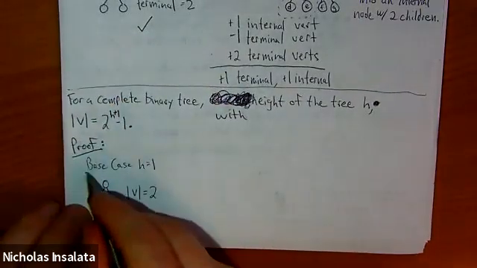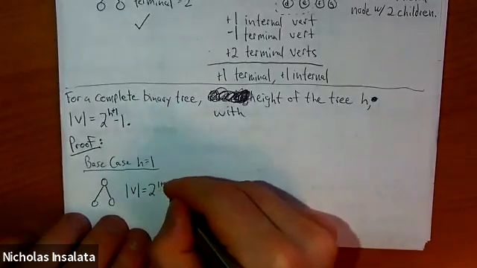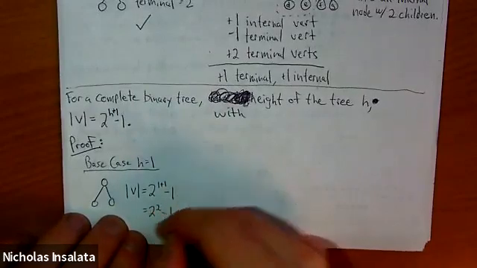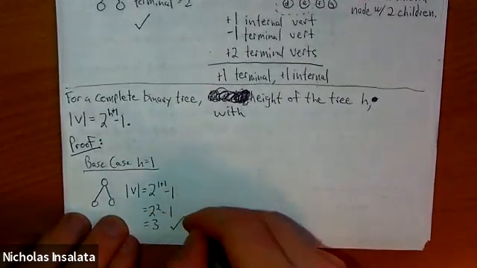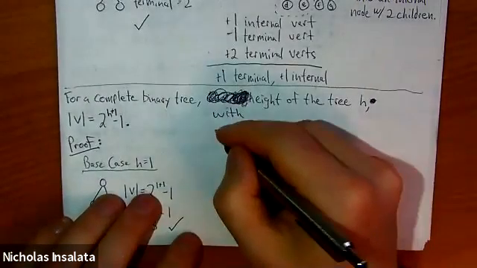So base case, h equals 1. The vertex set would be 2 to the 1 plus 1 quantity minus 1 equals 2 squared minus 1 equals 3. So that works. Okay, so then let's try the inductive case and see if that still works, right?